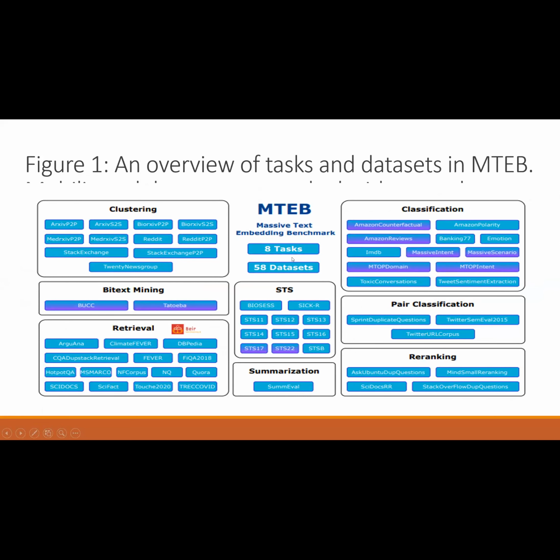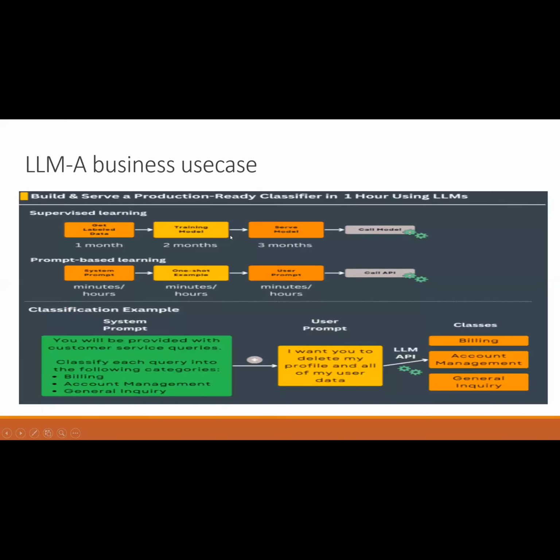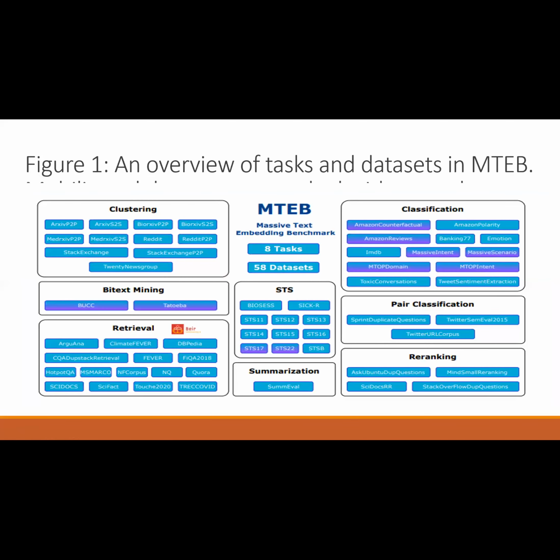Then we are classifying the task into 8 different tasks: clustering, bitext mining, retrieval, and semantic text similarity, then summarization, re-ranking, pair classification, and classification. So these are some benchmark tasks using the embedding model, the text embedding benchmark models.